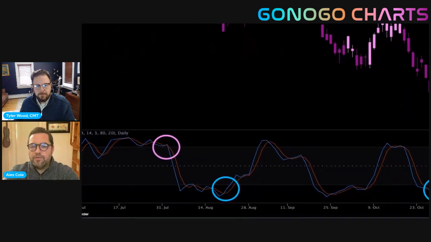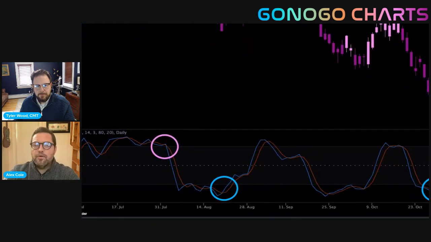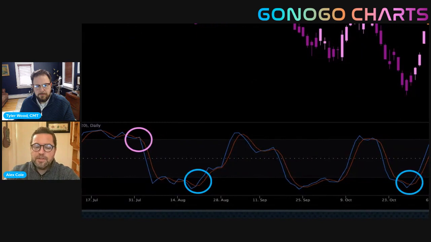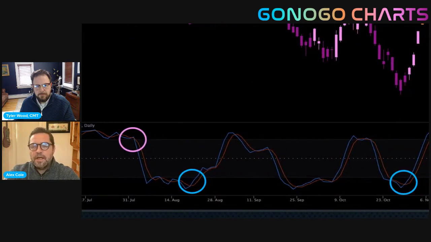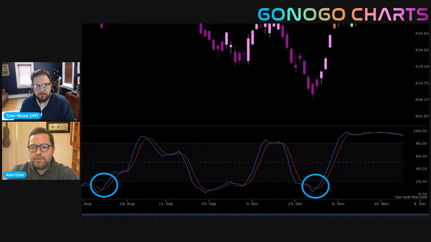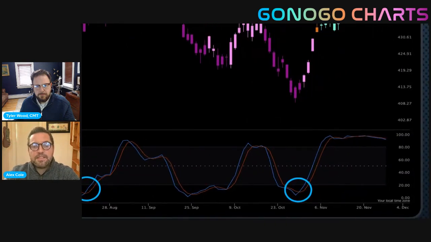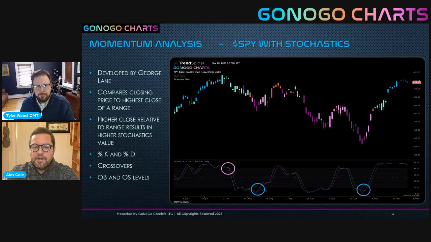Now, just like all of the others, we're going to be looking for areas of overbought and oversold. They're different for each of these. Stochastics, we use the levels of 80 and 20 for our overbought and oversold levels. And stochastics has a signal line as well, right? We have two lines in stochastics, the percent K and the percent D. We can read up about what these are rather than go into the full calculations.